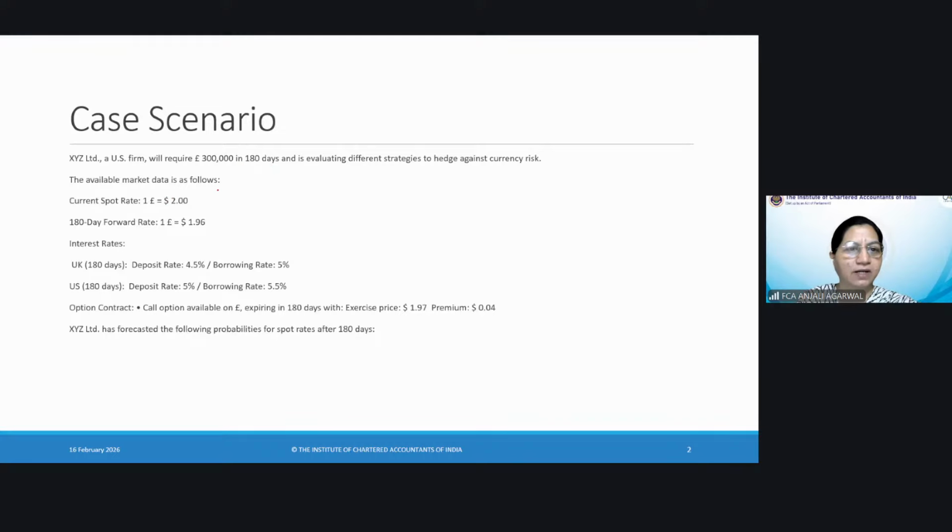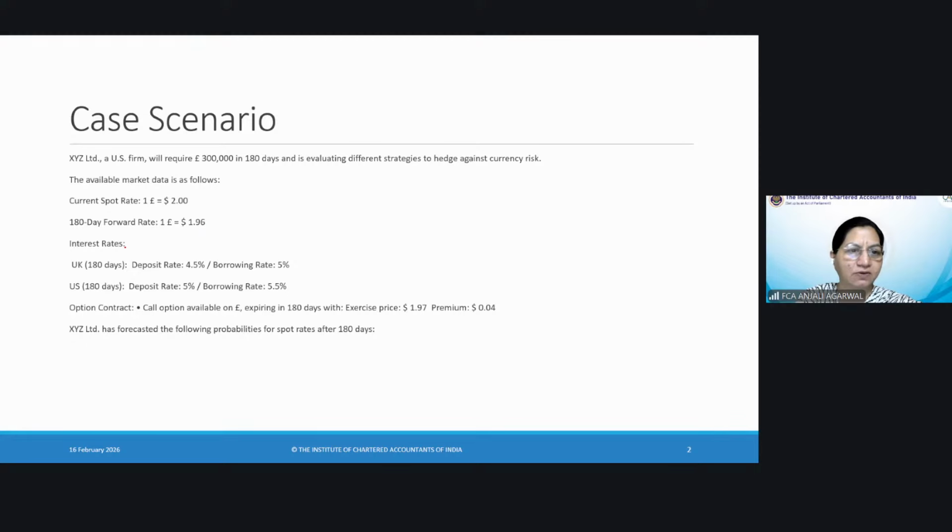The available market data is as follows. Current spot rate is 1 pound equals $2, whereas after 180 days, 1 pound will cost you $1.96, or you have to pay $1.96 to get 1 pound. There is no bid and ask, only one rate is prevailing.